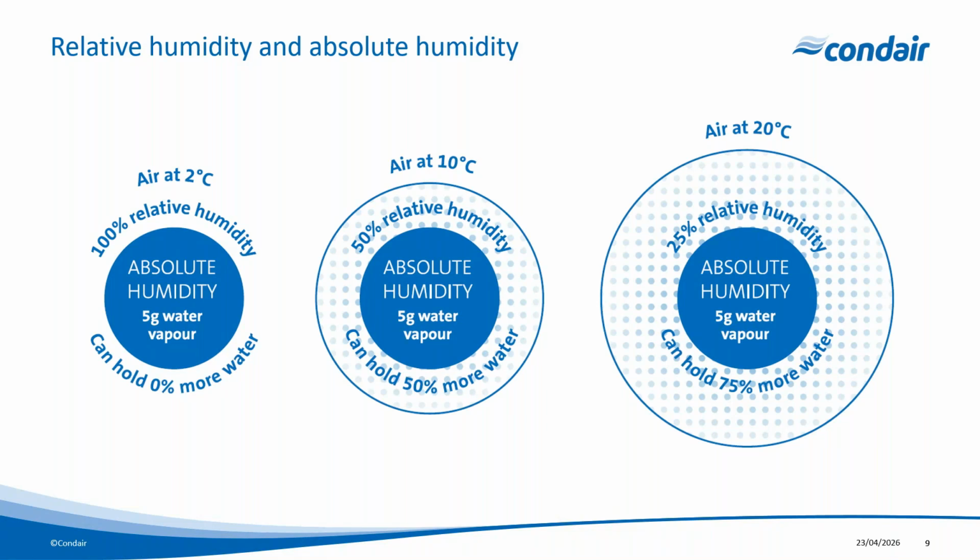So the amount of moisture in the air is the absolute moisture, but the percentage saturation is the relative humidity. The percentage saturated relative to the potential amount of water that can be held. So we can see that the relative humidity is going to change with the temperature. So these are things to consider when we're looking at the profile of a clean room.